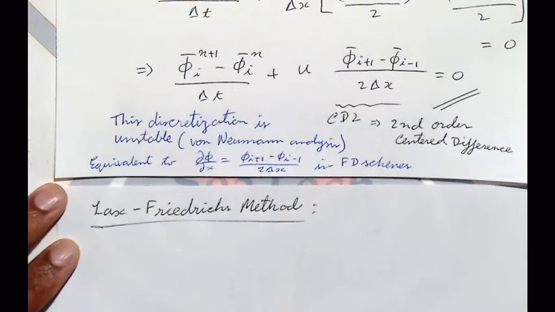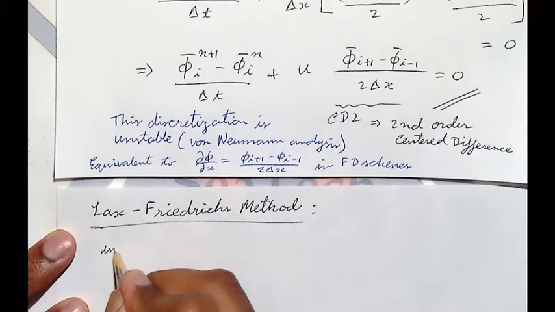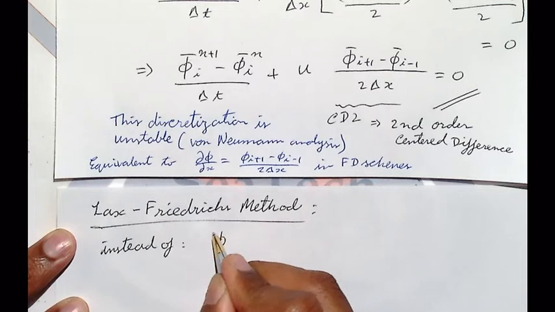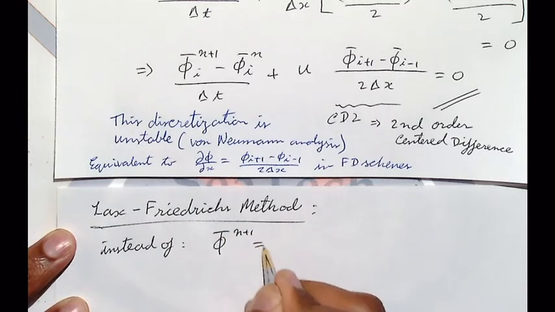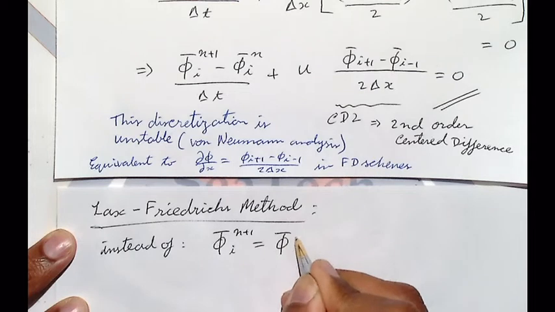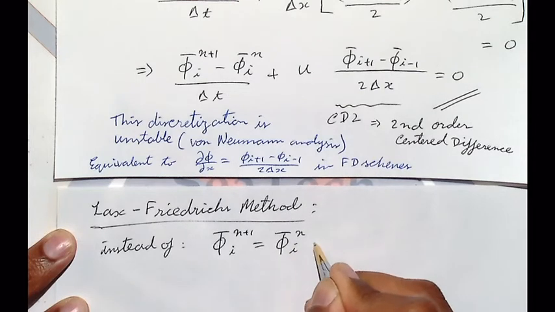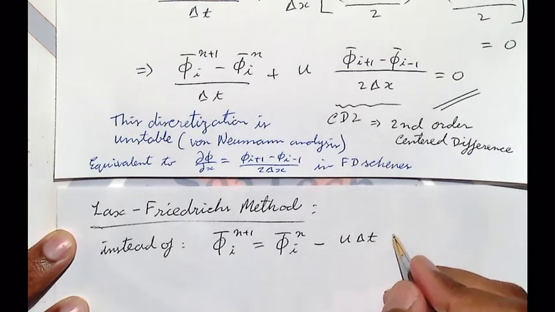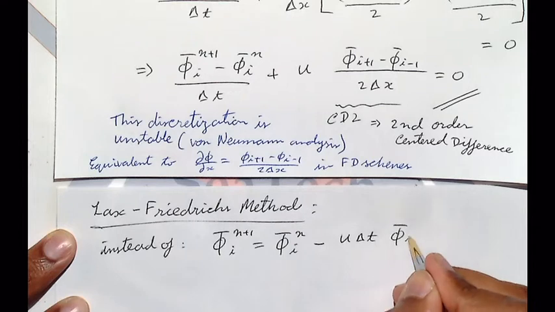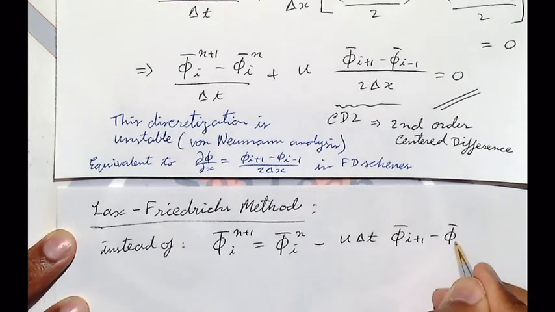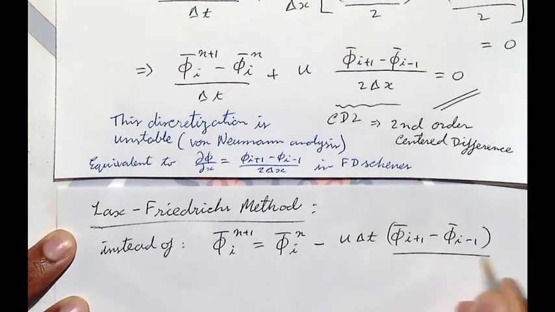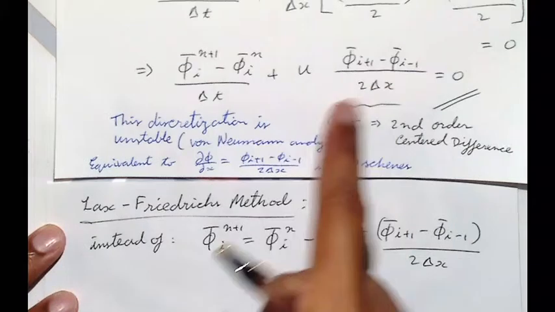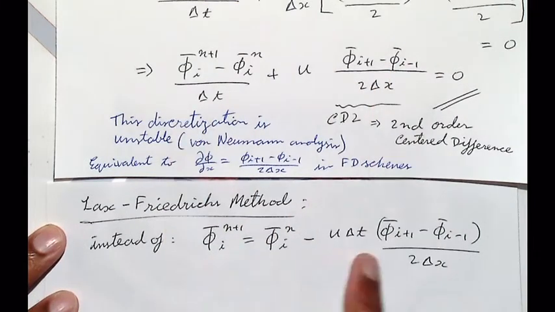Okay. And what it says is, instead of doing phi bar n plus 1 is equal to phi bar n I minus u delta t over 2 delta x, so this is basically a rewritten equation, right? I took this to the other side, multiplied with delta t.